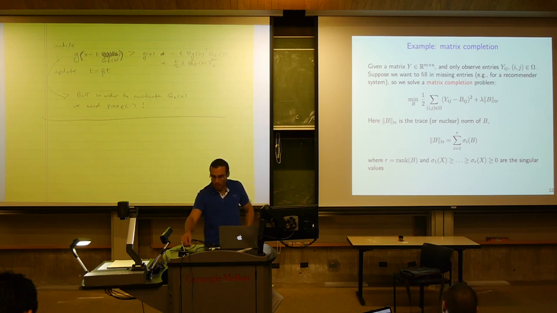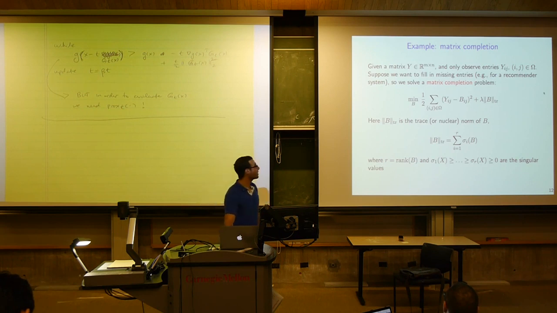And we could abstract it out as follows. We're given an n by n matrix, and we only observe some of the entries of this matrix. So let's call omega the set of indices that correspond to things we actually observe in the matrix. So we only observe y_ij if ij is in the set omega. And let's suppose we want to fill in the missing entries.